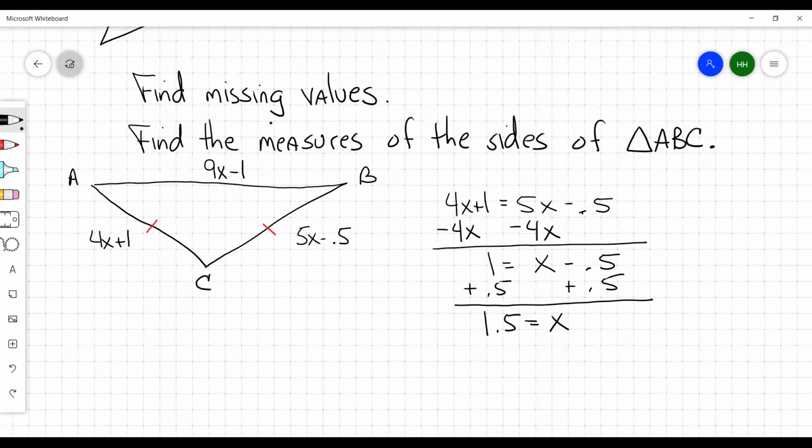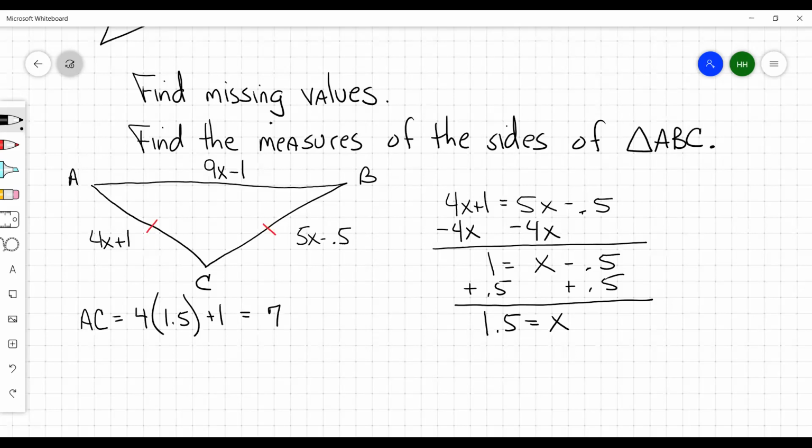Once you solve for the value of x, well, then you can find your side lengths. So AC is equal to 4 times 1.5 plus 1. Which is 7.